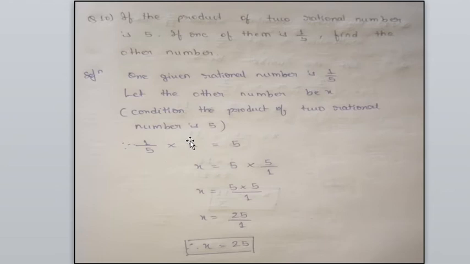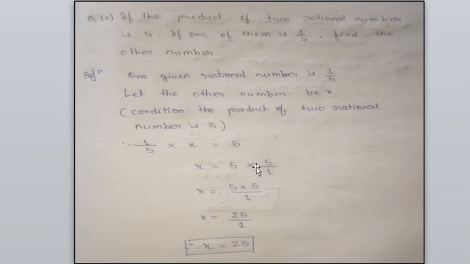Here x is the variable term and 1 by 5 is the numerical term. So we will transfer this numerical term to the other side. When we transfer a rational number given in the form of multiplication, we transfer its reciprocal. So x equals 5 into 5 by 1, since the reciprocal of 1 by 5 is 5 by 1.